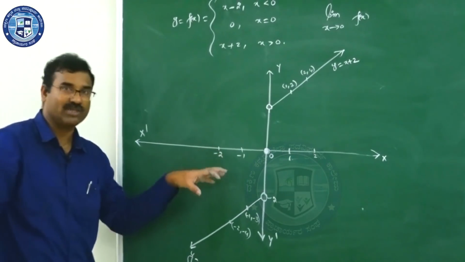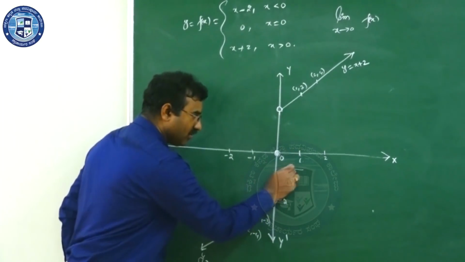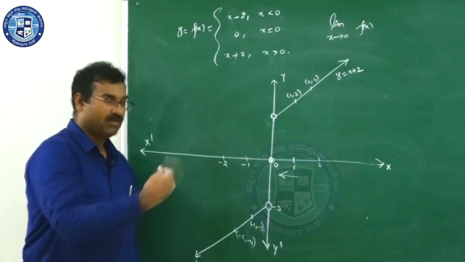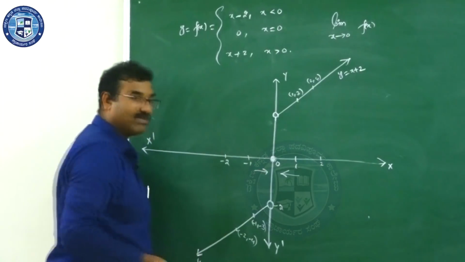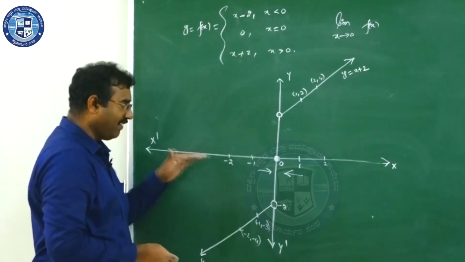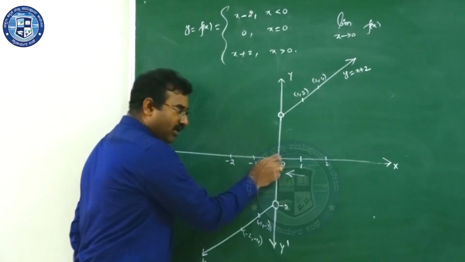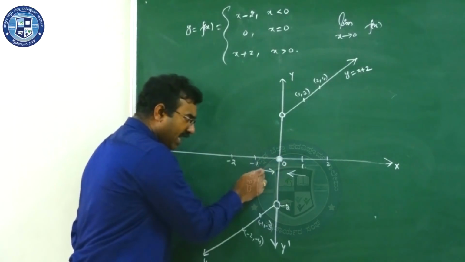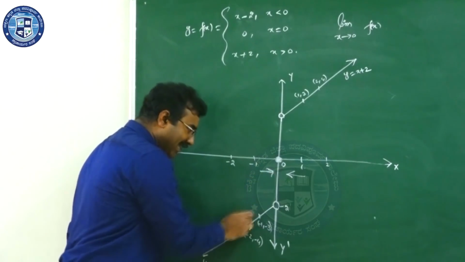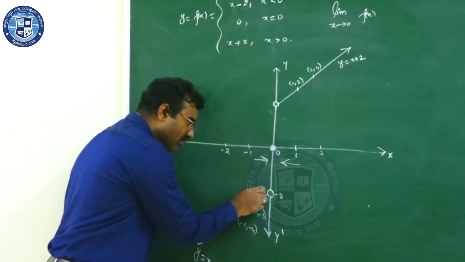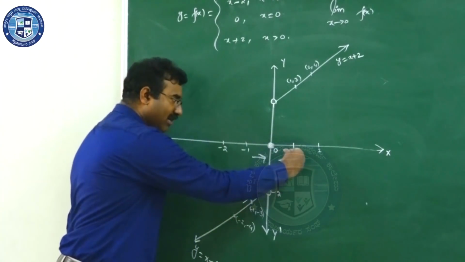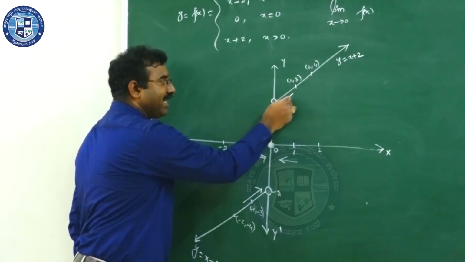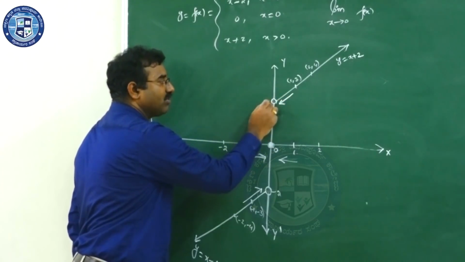Now here also you observe what you are getting when you are coming close to 0 from the left hand side and the right hand side. From the left hand side, when you are approaching 0, the y value is coming close to minus 2. But when you are coming close to 0 from the right hand side, it is coming close to 2.